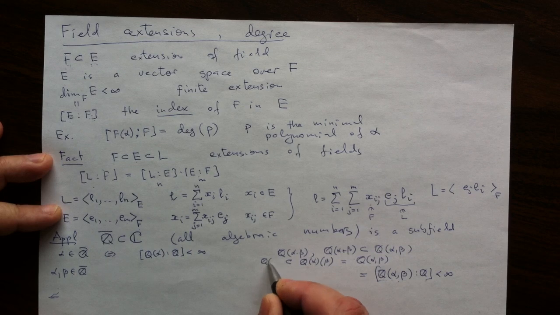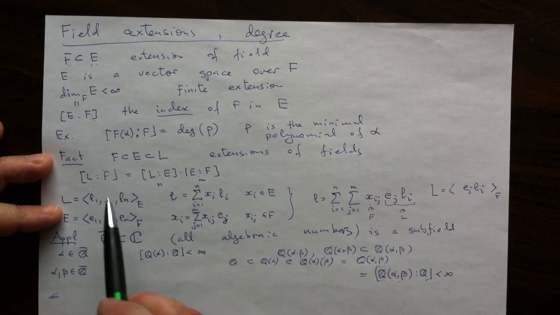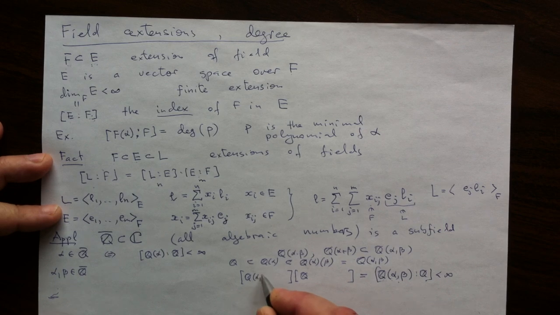So first I will look at the result of alpha inside it, and then it obviously contains the rational numbers. Looking at this chain, using this property, I will write my index as a product of two. I have to start with this first.